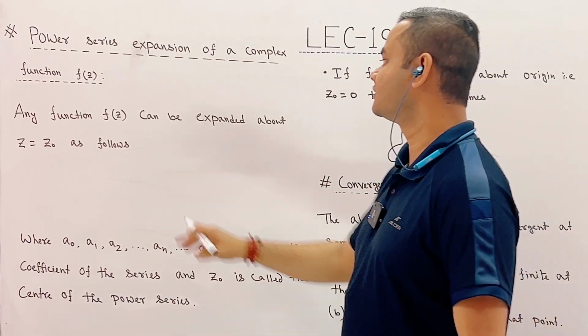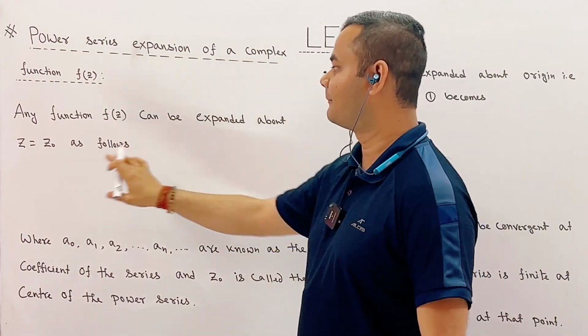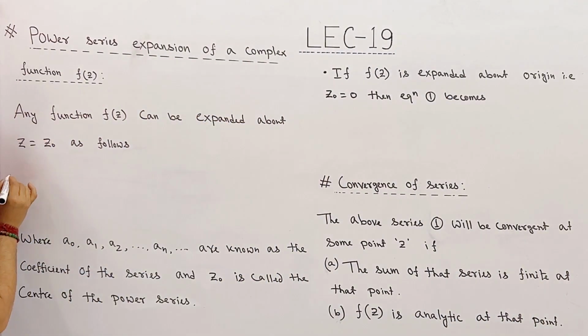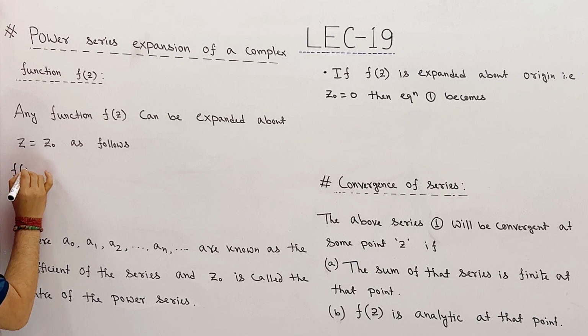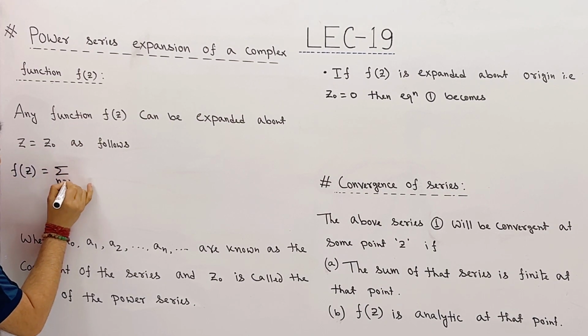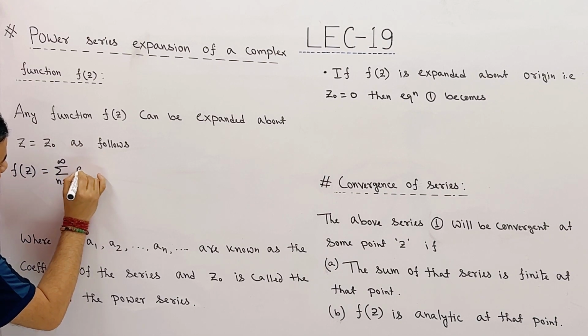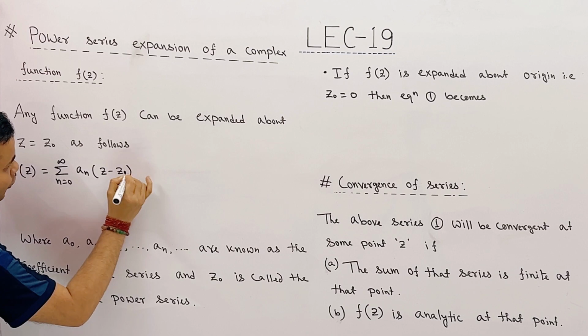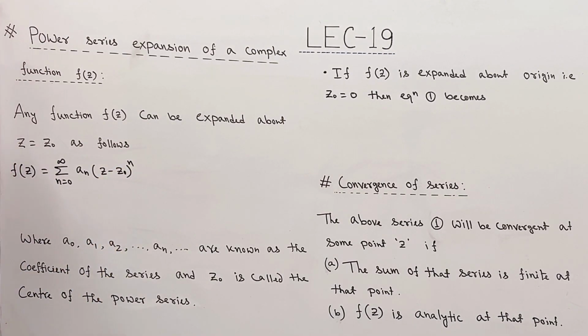Students, any function f of z can be expanded about z equal to z naught as follows. f of z is equal to summation n goes from 0 to infinity a n into z minus z naught whole to the power n. Now, let us write different terms of this series.